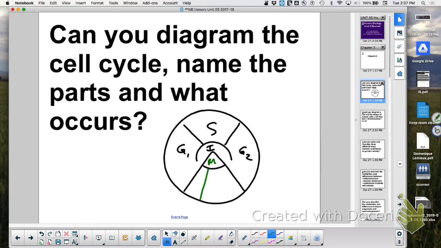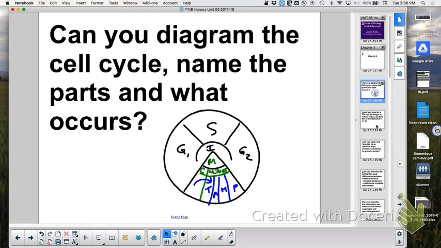It has what? Mitosis and what? Cytokinesis, which I didn't put in there very well. You have prophase. What else? What's next? Metaphase, anaphase, telophase. And then cytokinesis overlaps into telophase. Right? And be familiar with each of those.